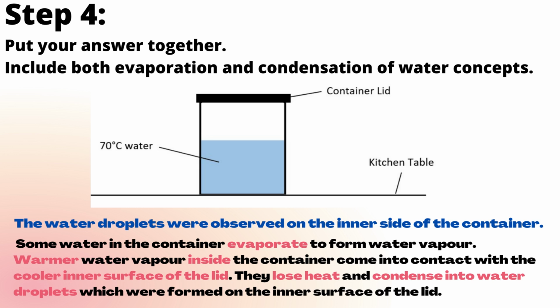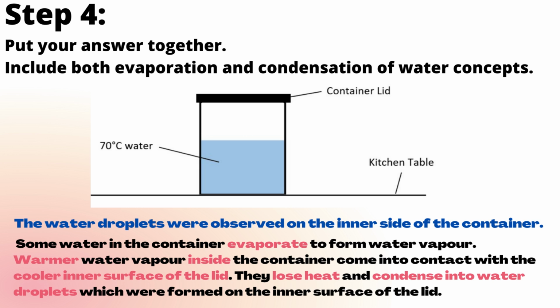The question asks, where will the water droplets be observed? Will it be on the inner side of the container or the outer side of the container? So when we put the answer together, we have to answer that.